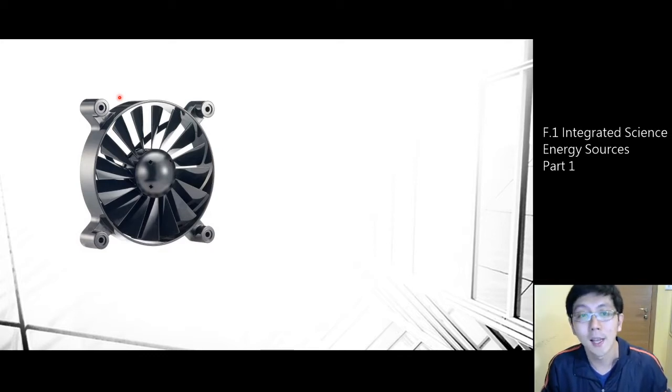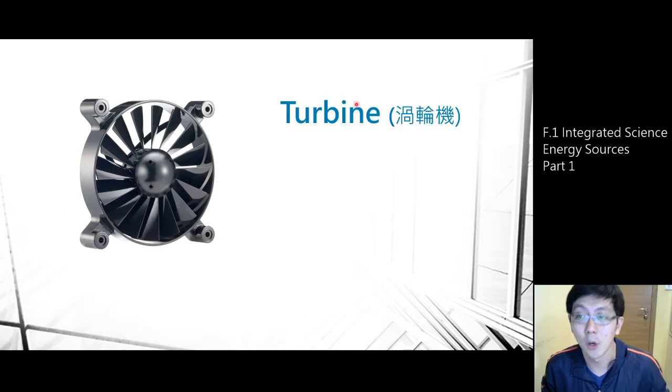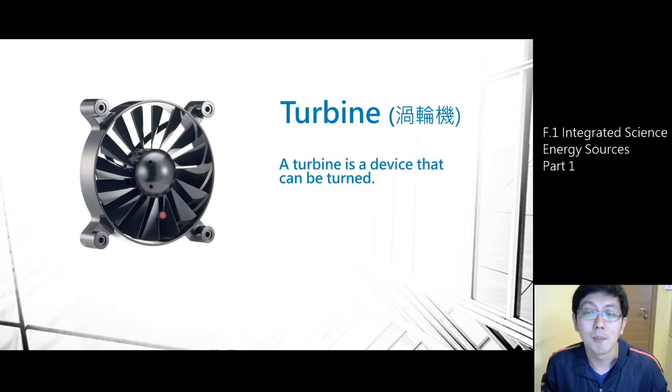It looks like a fan. If you study engineering, this part is the same. We call this the turning part, a turbine. This turbine is something that can be turned. Usually, the turbine will be connected to a generator.